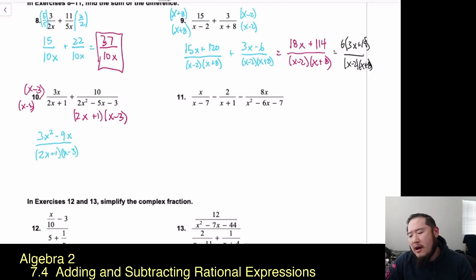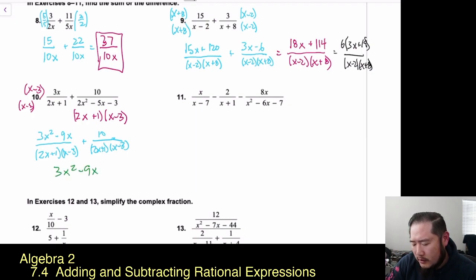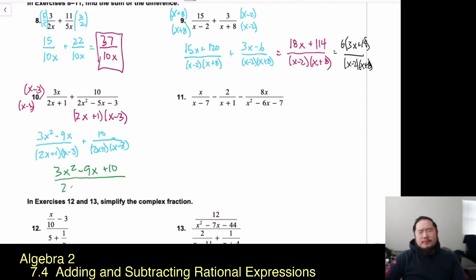So now we have common denominators, and I can now go ahead and add the numerators together. So I've got 3x squared minus 9x plus 10. We want to write this in descending order, just like always. And that's going to be over 2x plus 1 times x minus 3. And there you go. I can't do anything else with the numerator, so we'll just go ahead and leave it as is.